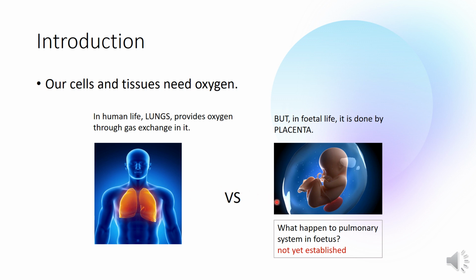But in fetal, it is done by placenta. Where is the location of placenta? It's located in the uterus of the mother. The pulmonary system is not yet established. There are lungs in fetus, but the pulmonary system is not yet established. So no gas exchange occurs in the lung during the fetal life.